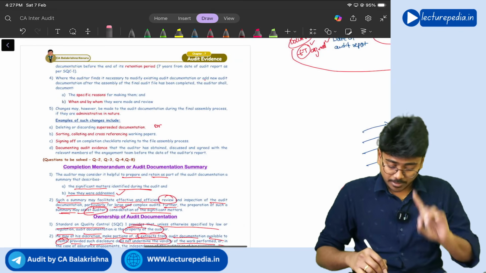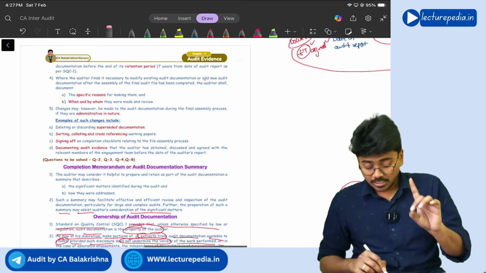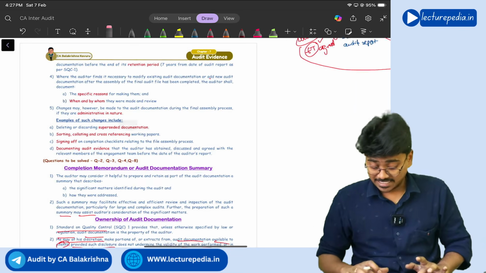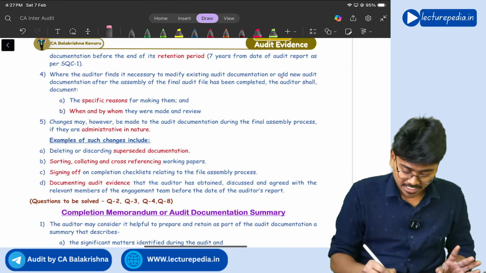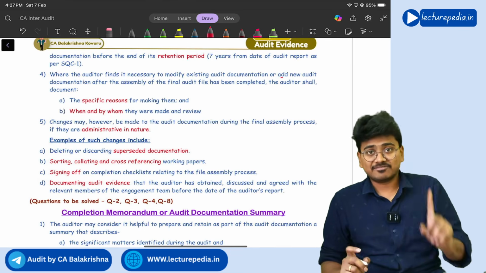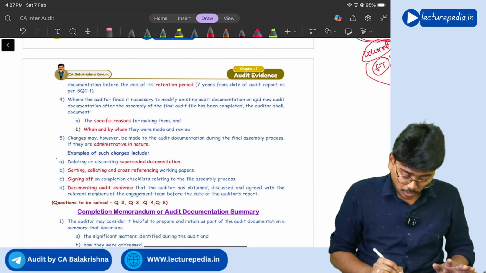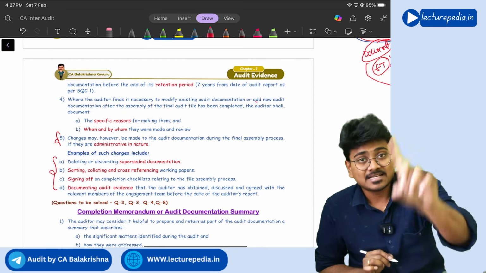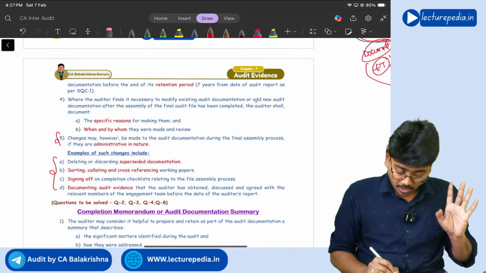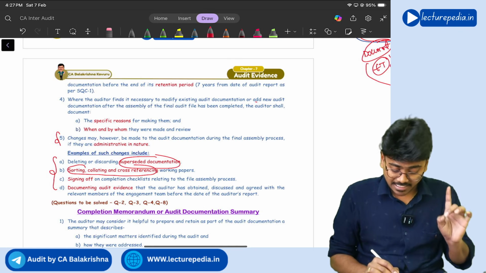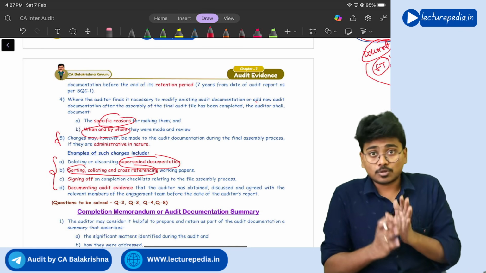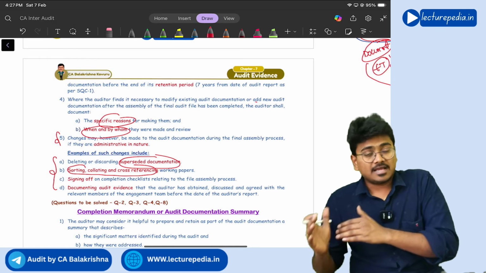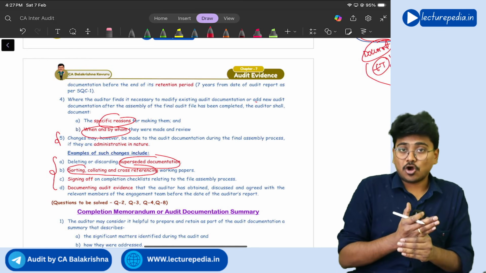My audit concise book is also a color book, whereas the ICAI study material is black and white. For a subject like audit, you will feel bored reading in black and white, right? I have also arranged all the content point-wise, but in the ICAI study material you will find it paragraph-wise. All the key terms I have highlighted. So I guess you are able to differentiate the ICAI study material and the audit concise book.